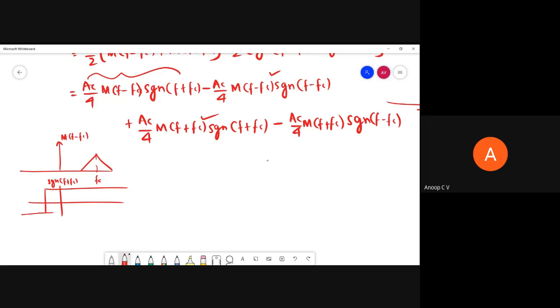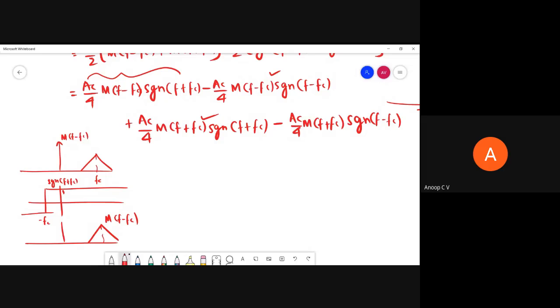The value of signum of F plus FC for frequencies greater than minus FC is equal to 1. So if you multiply these two, you will get the same M of F minus FC itself.